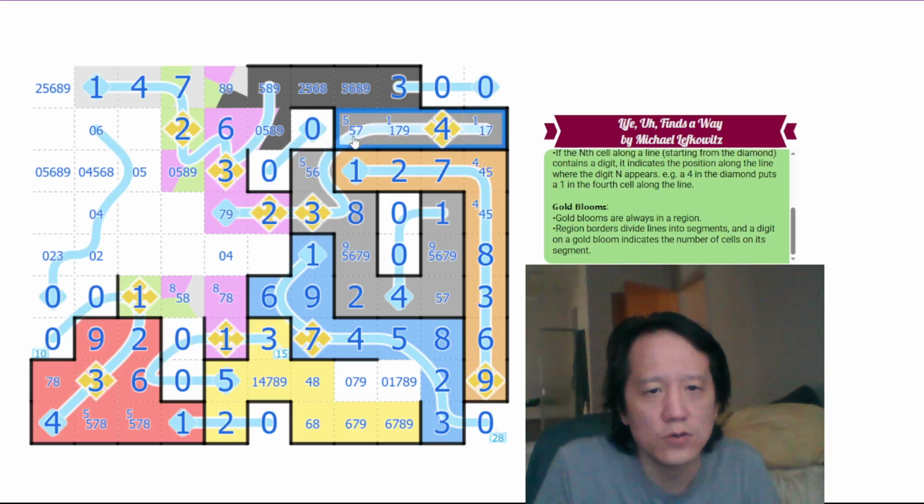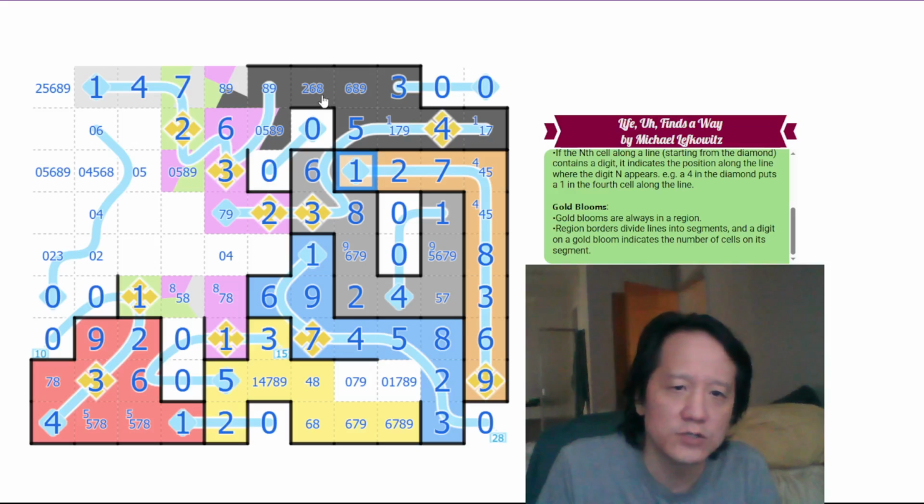So where is the 6 along this line? It has to be here. Right? Can no longer be part of 7, so that has to be 5, which makes this 6. This 5 eliminates 5 here. And the rest of the dark region. So we have an 8. This eliminates 5 here too.